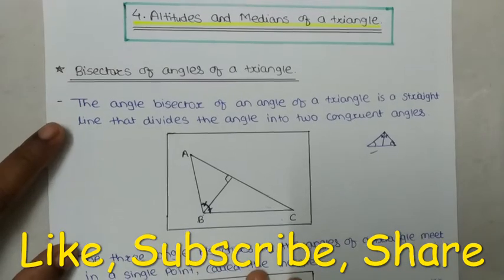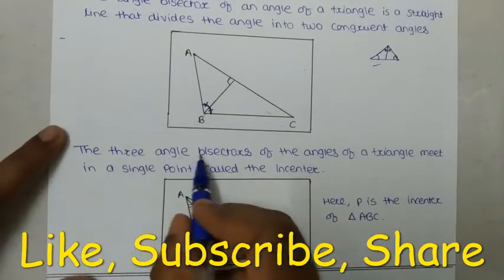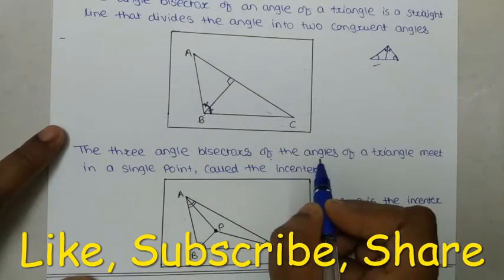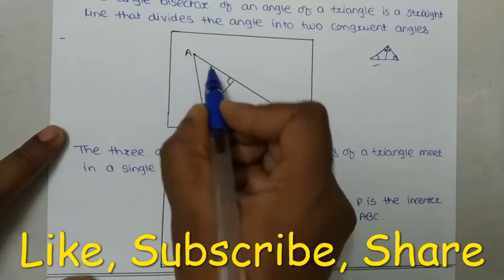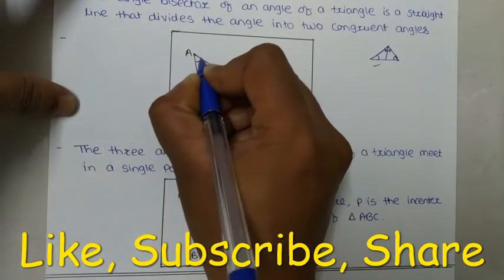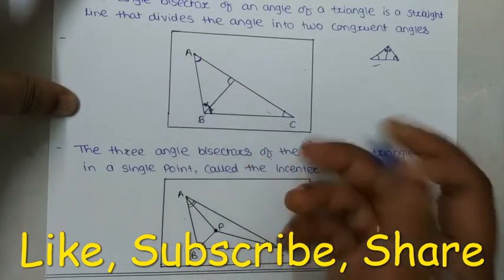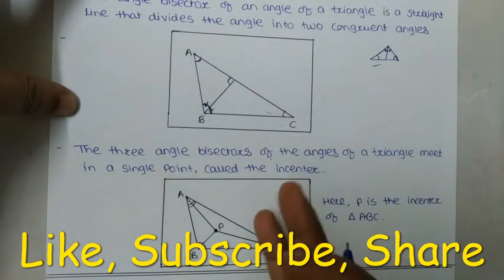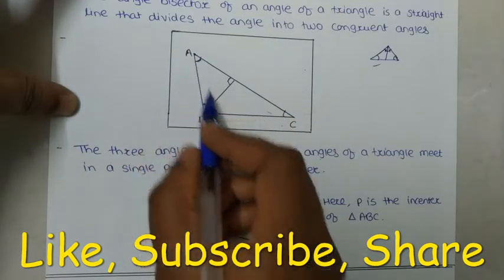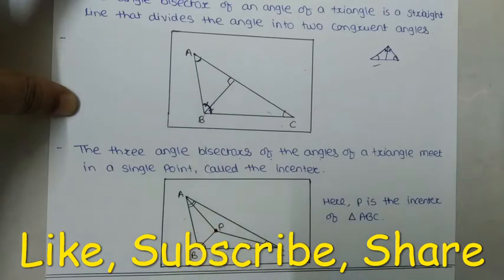Now the next concept is the three angle bisectors of a triangle. How many angles are there in the triangle? There are three: angle A, angle B, and angle C. When we bisect these three angles, the bisectors meet at one point.